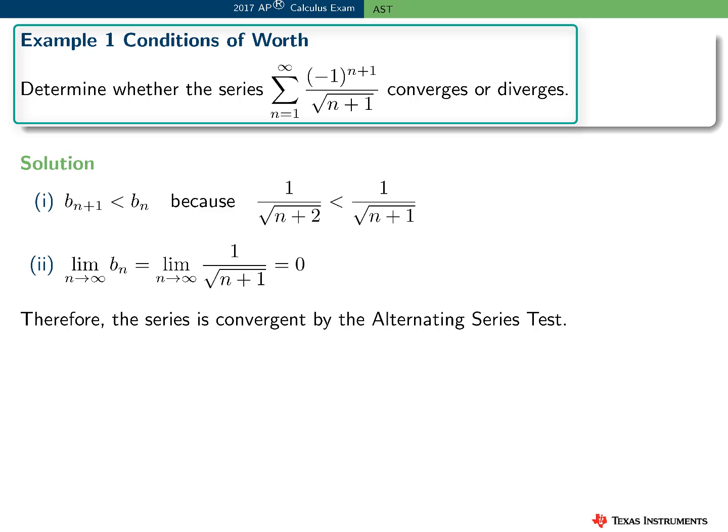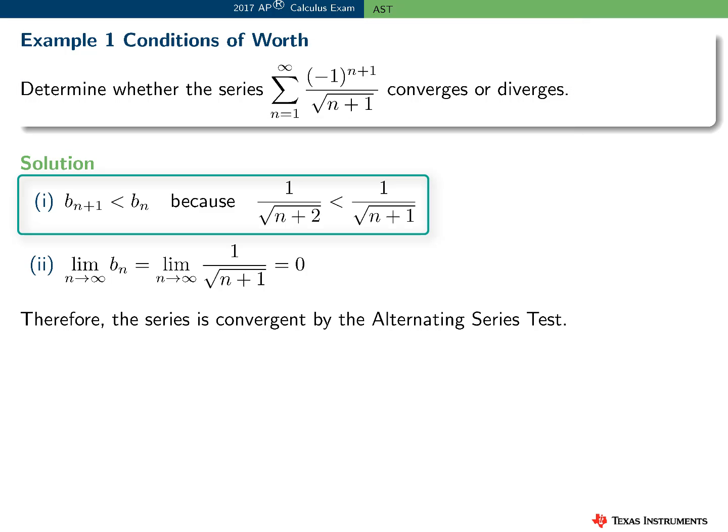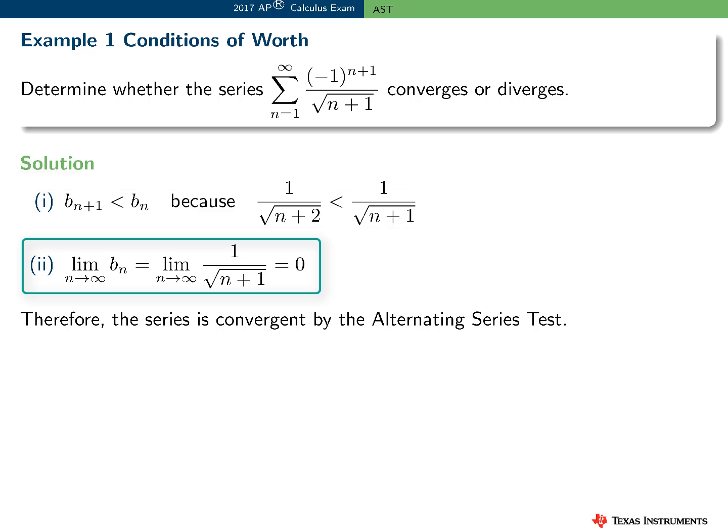Alright, well, let's see if we can use this test. In this example, determine whether this series converges or diverges. First, it is an alternating series. We need to make sure that that's true before checking the conditions for the alternating series test. The positive terms here are decreasing, and the limit of the positive terms is 0.